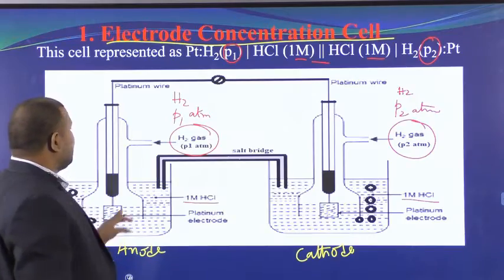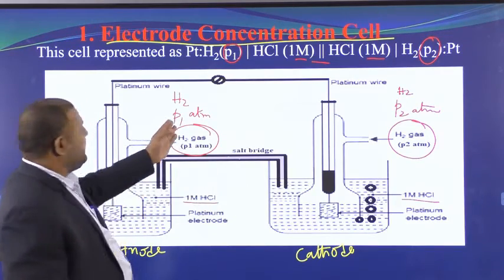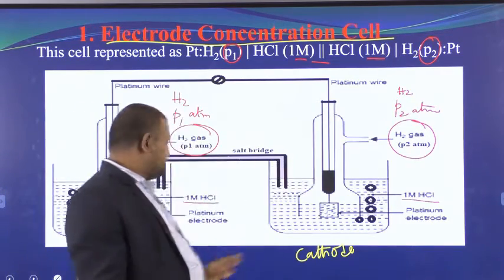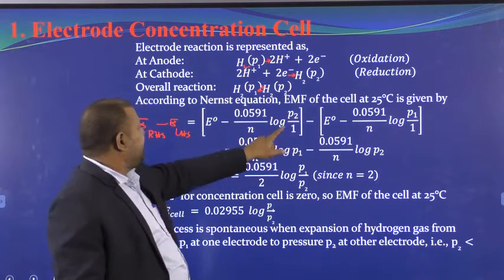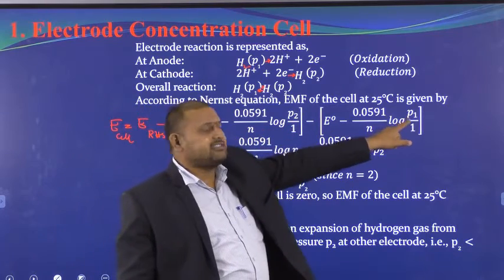So you look here, left hand side P1, right hand side P2. So I have written this like this. RHS P2, LHS P1.